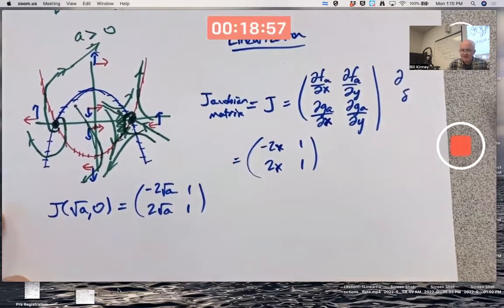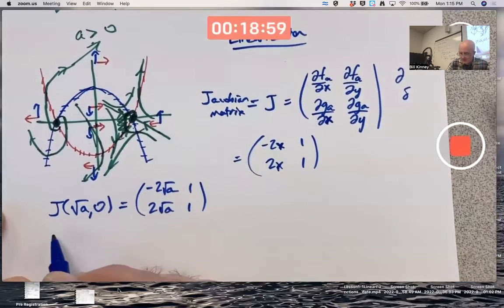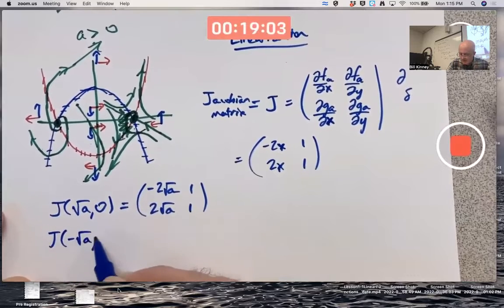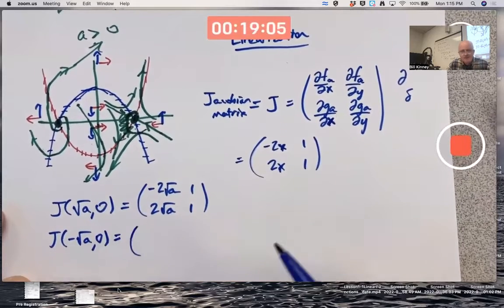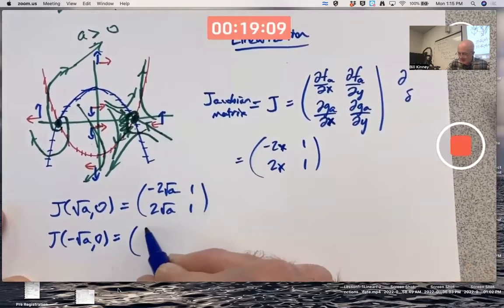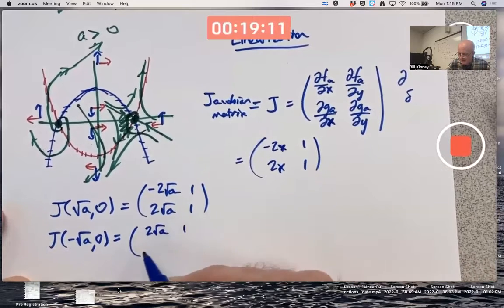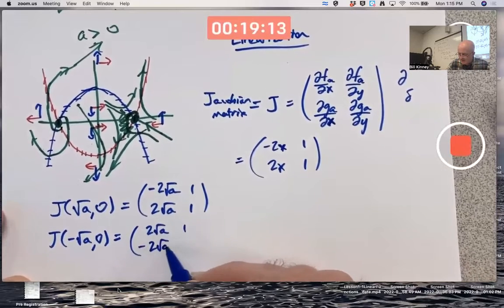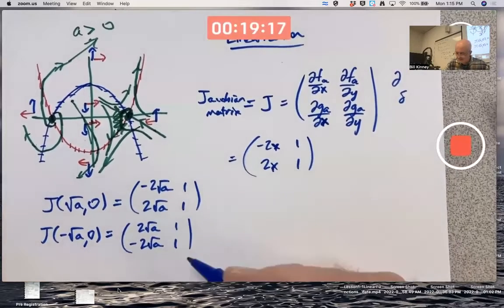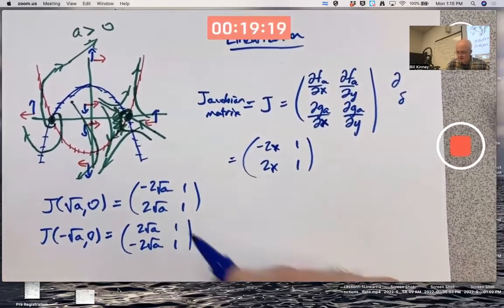There's the Jacobian matrix evaluated at the right equilibrium point. If I evaluate it at the left equilibrium point, plug in negative square root of a, I get positive 2 root a. The negative sign just switches where it is, which you might not think is a big deal. Is it really a big difference between these two matrices, just switching the negative sign? It actually does make a big difference.